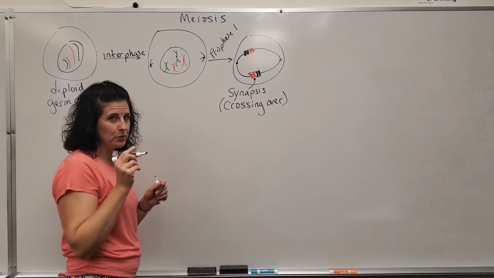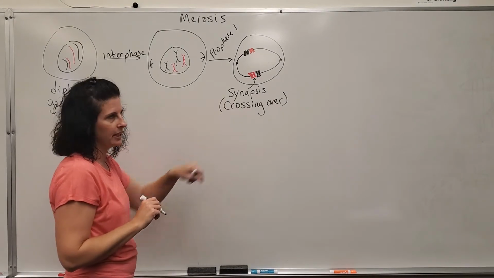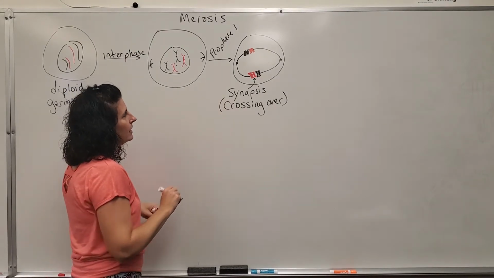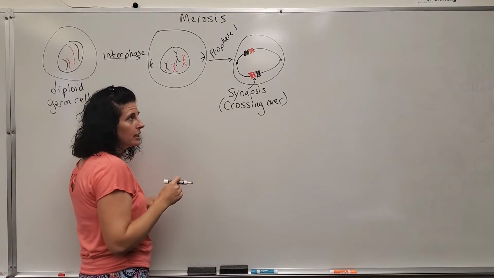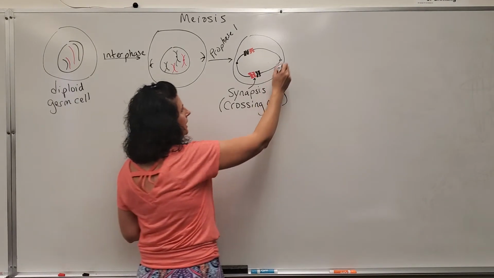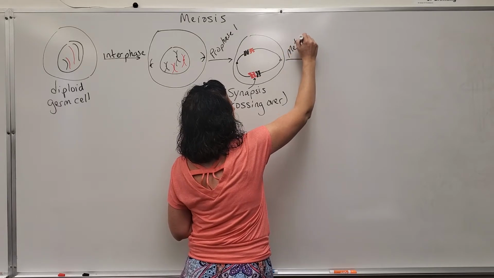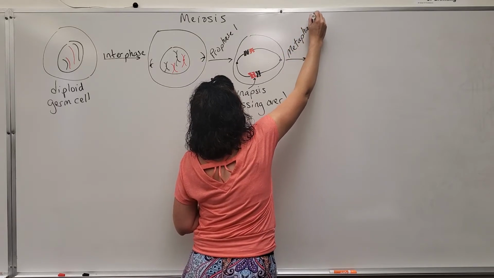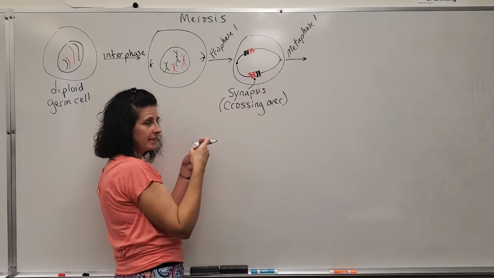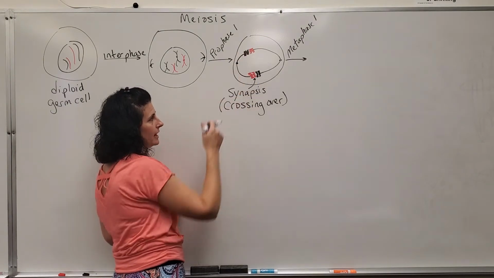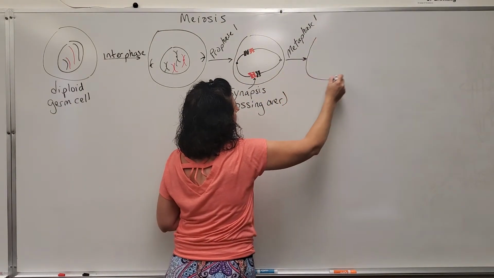Okay, and we'll come back. We'll do one more video that looks at that crossing over. All right, so we have after our prophase 1, now we're ready for metaphase 1. And here, again, we're going to get that tug of war, and we're going to line them up in the middle.